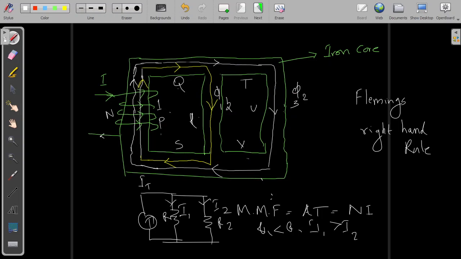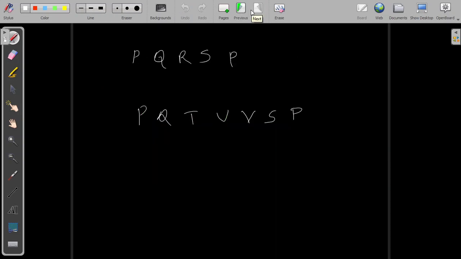So we are going to model this magnetic circuit as, we have MMF, like your EMF in an electrical circuit.